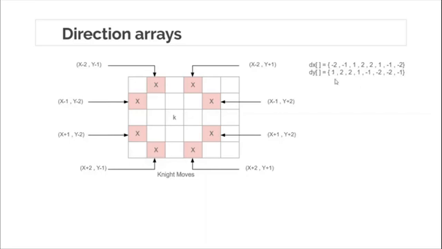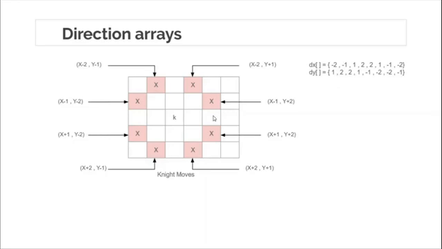So that is why -2, +1. For this cell we have made an entry in our direction array. For this cell, the change would be -1, +2, then +1, +2, then +2, +1, +2, -1, and so on. So this is how your direction array would look in this case.